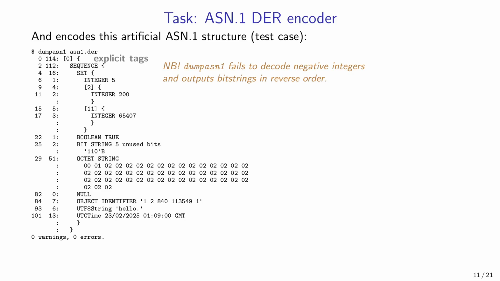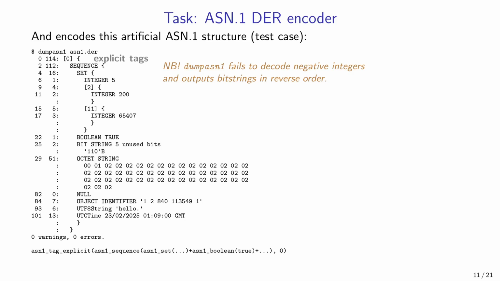In addition, as a type of test case, your solution has to encode this artificial ASN1 data structure. So your solution must produce a DER-encoded file, which if dumped using the dump-ASN1 tool, should produce the output as shown here, and the output must match bit by bit. So how will you create this structure?